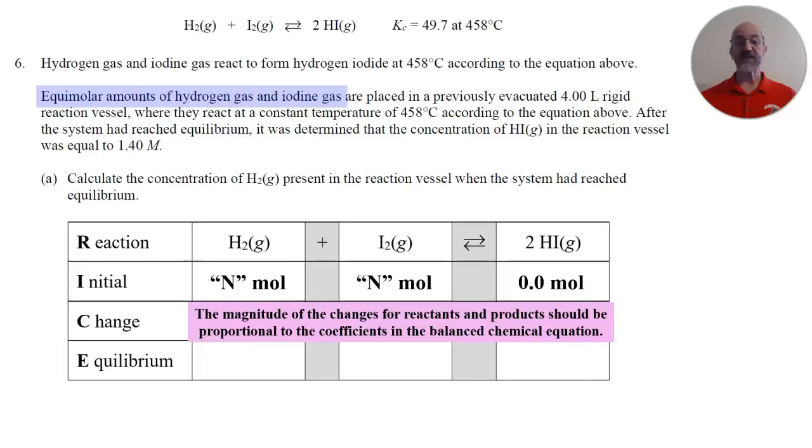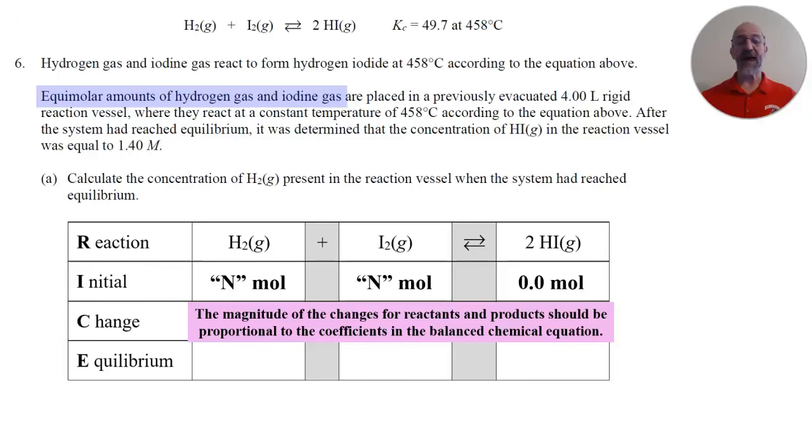Now, with respect to the change, remember that the magnitude of the changes for the reactants and products in the change row of my RICE table should be proportional to the coefficients in the balanced chemical equation. We can see that this balanced equation has coefficients of 1, 1, and 2.